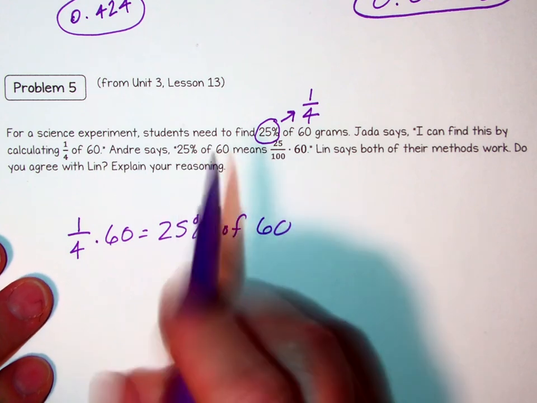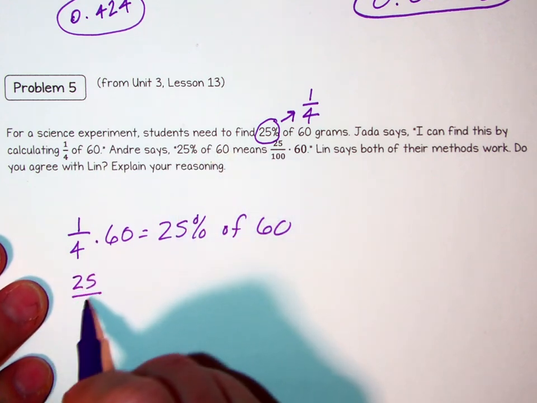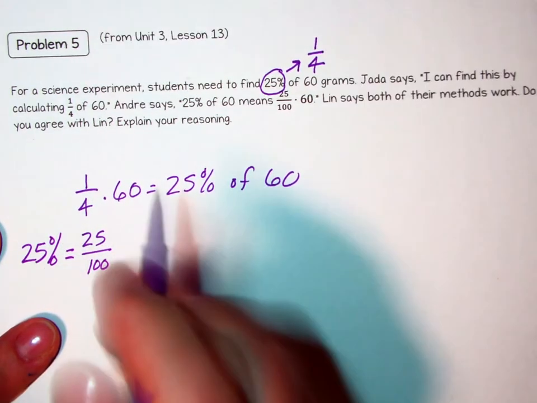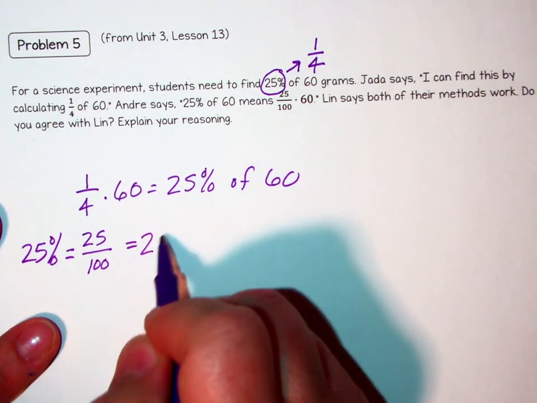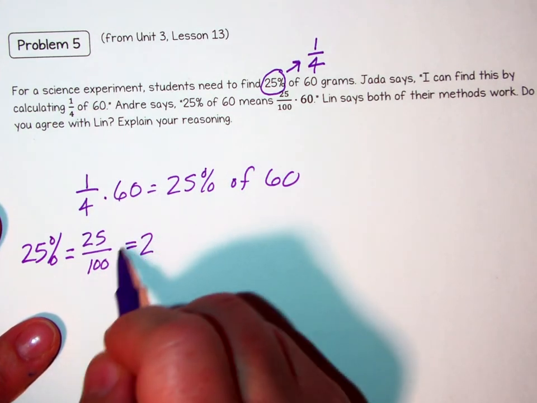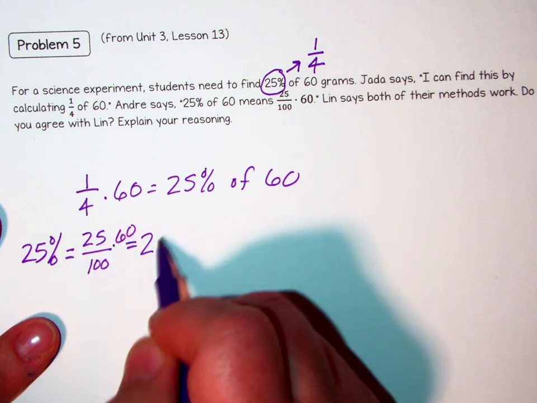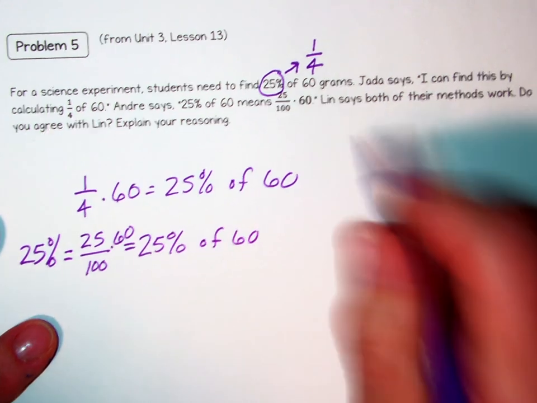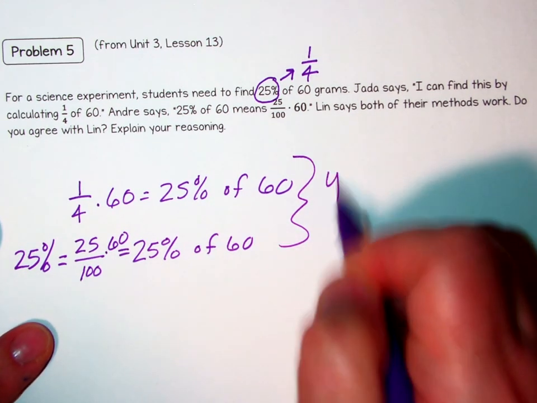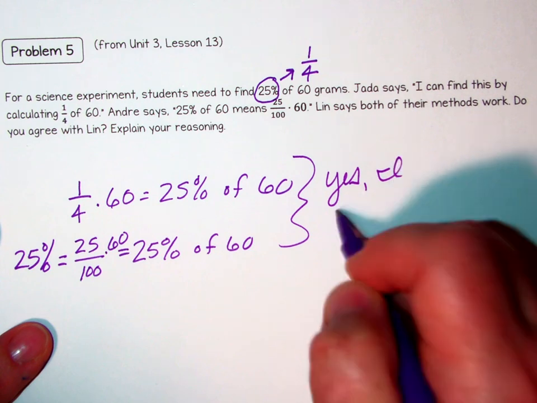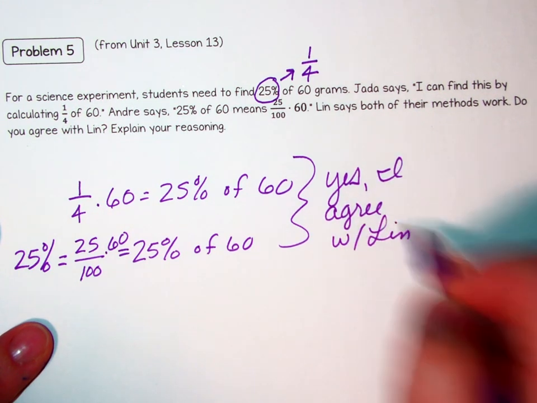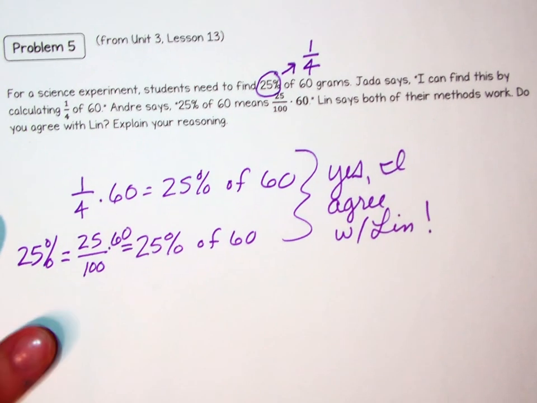Well, yeah, that's correct. 25% is literally 25/100. So that is going to be equal to, if I multiply that times 60, it is equal to 25% of 60. So, do you agree with Lynn? Yes. I agree with Lynn. Okay. Here we go.